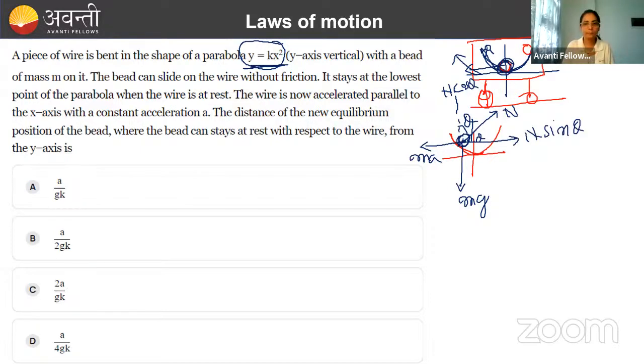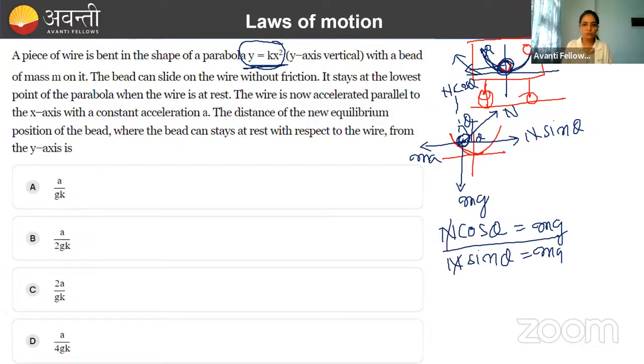N sin theta. So N sin theta will be equal to ma, and N cos theta will be equal to mg. If we divide these two, what are we going to get? We get cot theta equal to g by a. So tan theta will be equal to a by g.